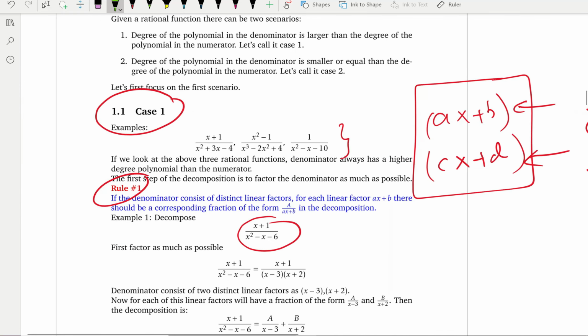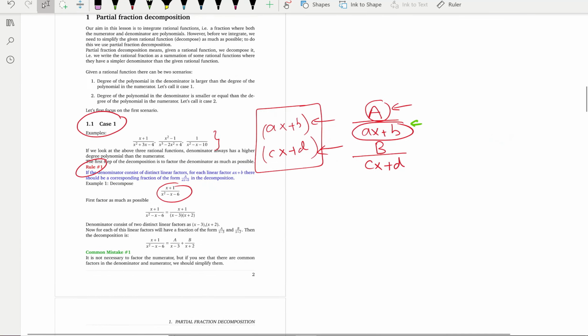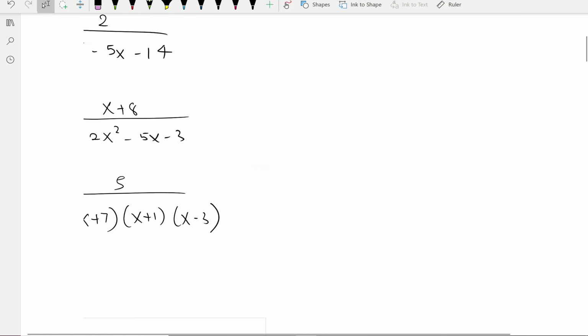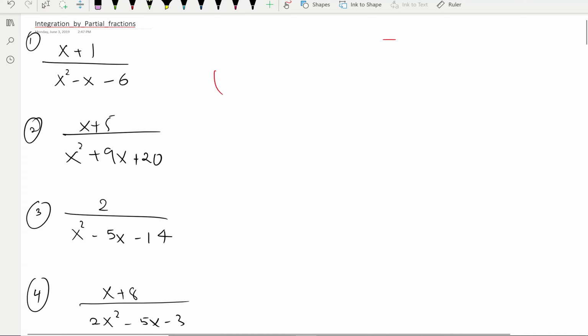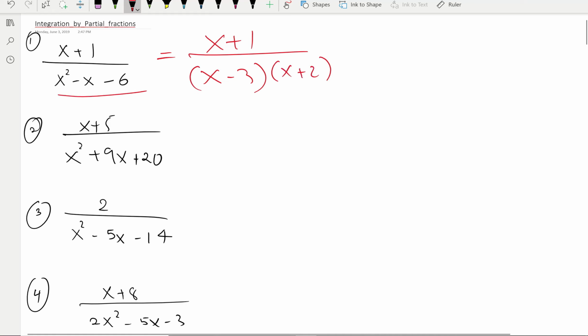Well, let's look at some examples. Trust me, this is the easiest case, and when you see the examples you will get it for sure. Now what is the first thing you do? Factor the denominator as much as possible. So this will be x plus 1 over, let's see, x minus 3, x plus 2. So I factor the denominator. You should know how to factor quadratic functions by now.